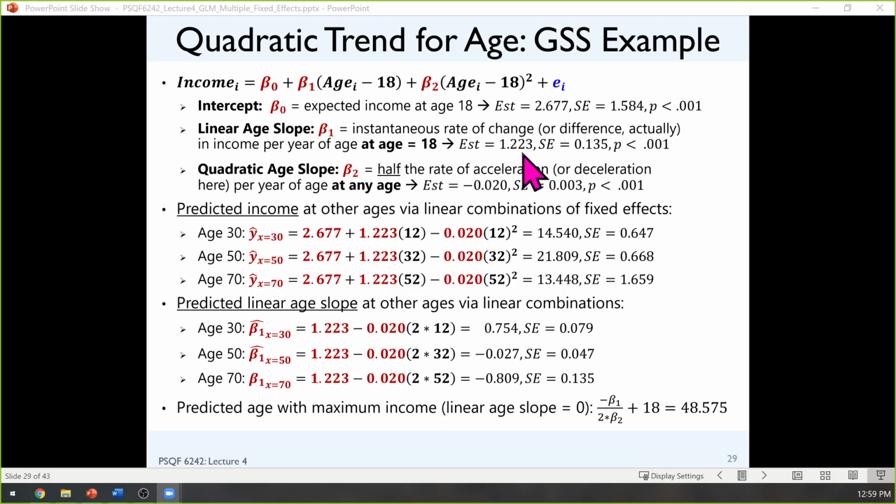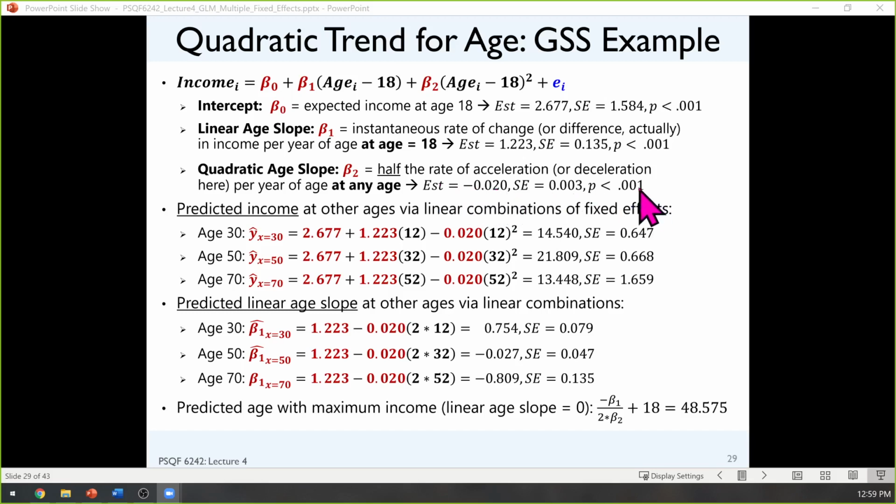So the instantaneous slope of age at age 0 is 1.2, and that was significantly greater than 0, as indicated by my p-value. The quadratic slope then gives you half the rate of acceleration or deceleration, so you have to multiply it by 2. So minus 0.02 is my quadratic slope.